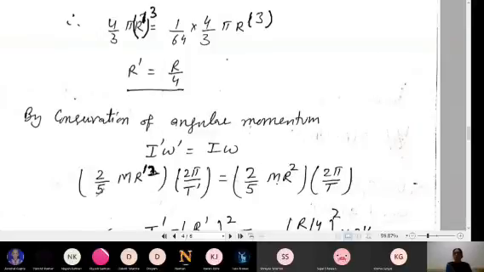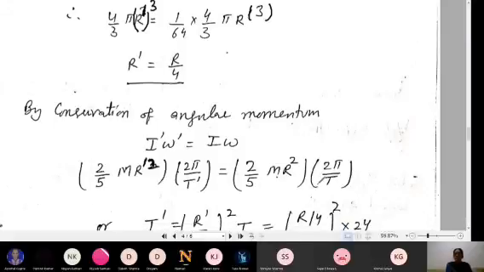But the general formula, 2 by 5 mr square, the moment of inertia for a solid sphere, you can use from your previous knowledge. Omega is given by 2 pi by t. So you can put the value for omega dash, which is equals to 2 pi by t dash. And here for omega, this is 2 pi by t.